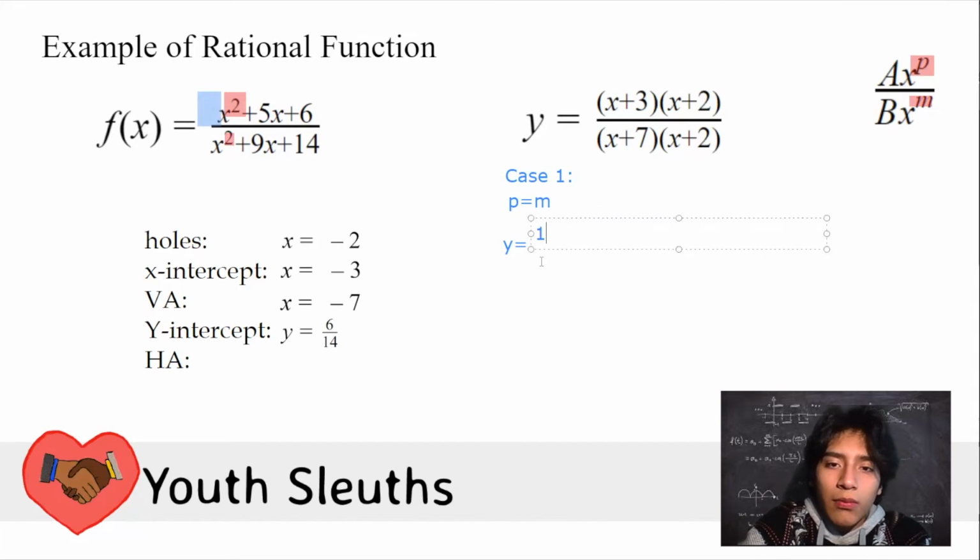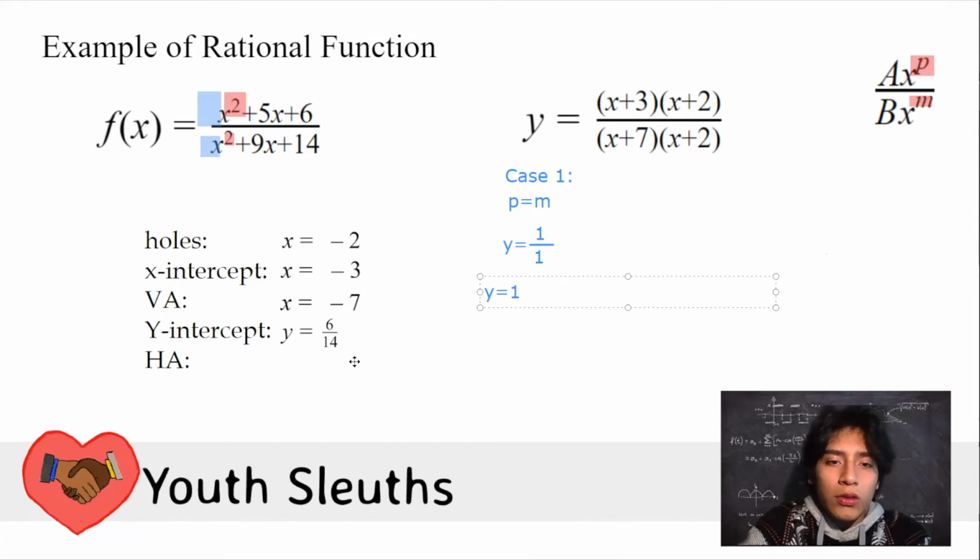And in the bottom, again, we do not have a leading coefficient, but we know that there is a 1 there, so we put 1 again. And so our horizontal asymptote is 1 over 1, or just y equals 1.